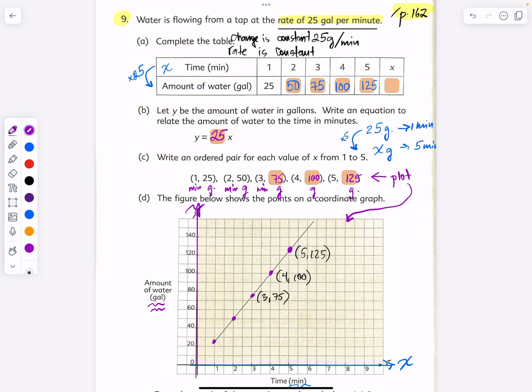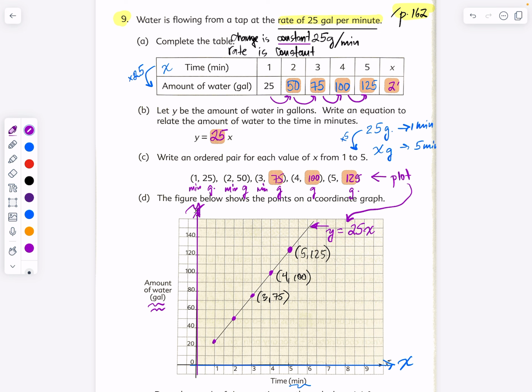And the rule to generate these points was take x, multiply 25 times to get your y. So we say that this change is constant, right? Every minute plus 25 gallons, another minute plus 25 gallons. Notice, plus 25, plus 25, plus 25, plus 25.